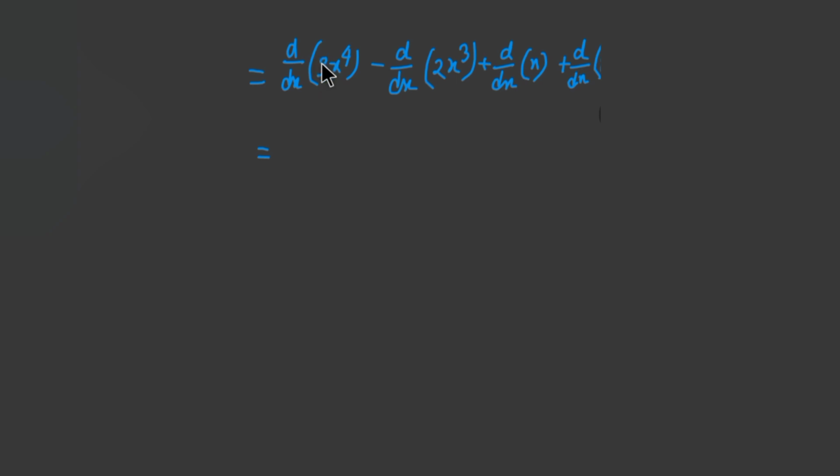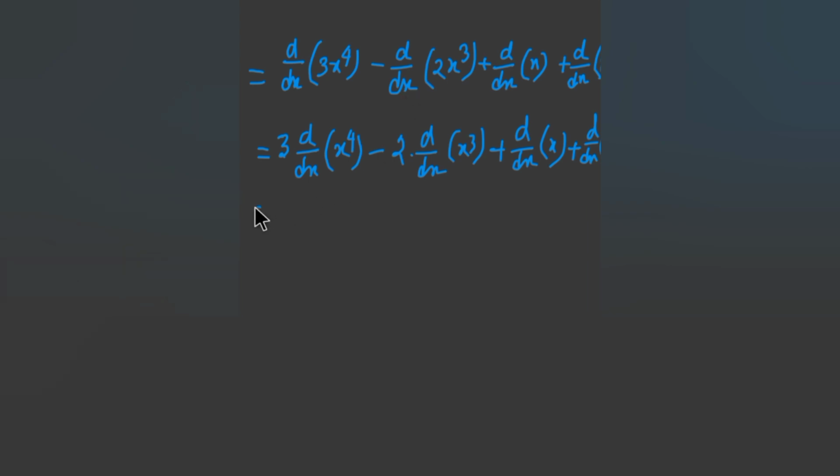We can see there is a number 3, so it will be considered a constant, so it will come in front, and then d/dx will work only on x to the power 4. Similarly, 2 is considered a constant, so it will come in front of the d/dx operator, plus d/dx of 8.